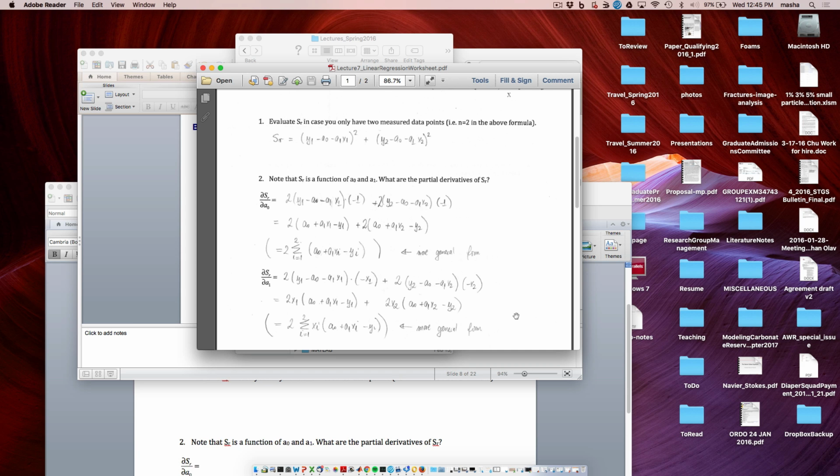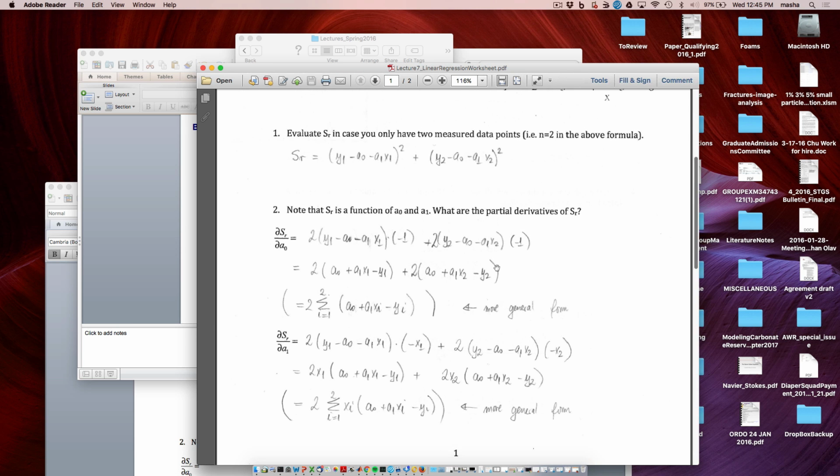So, for those of you who need a reminder, basically taking the partial derivative of this composite function, this is 2 times this, and then I find a0. This is the only term depending on a0, so this is 2 times this entire function times minus 1.